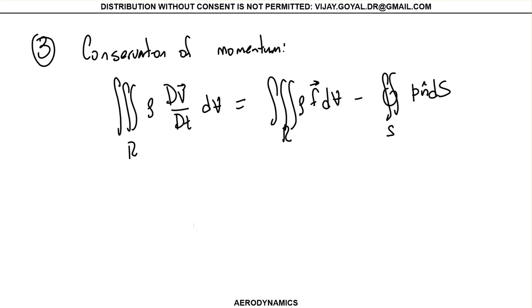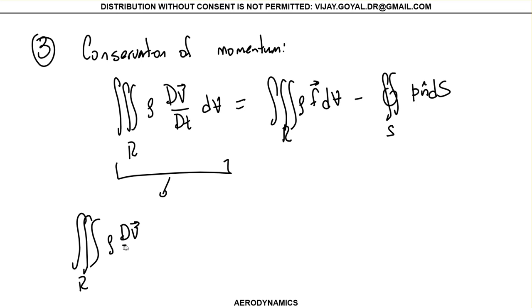you can show that, first of all, this is actually steady flow. Let me just write this down. This term right here is nothing else than the triple integral of rho dV/dt. And if you go back to your notes, we derived this for you.